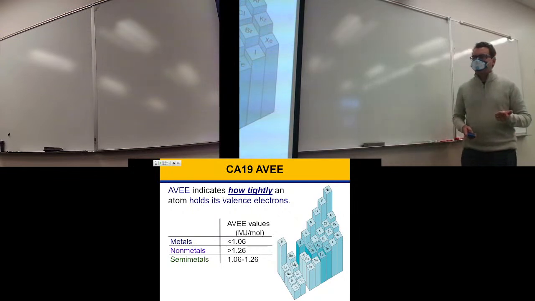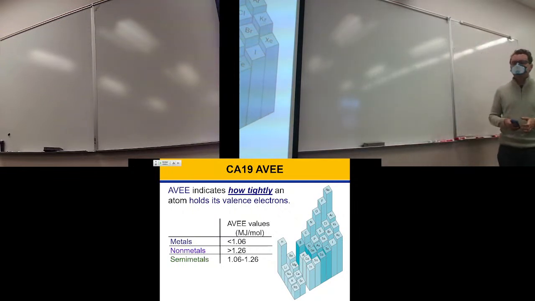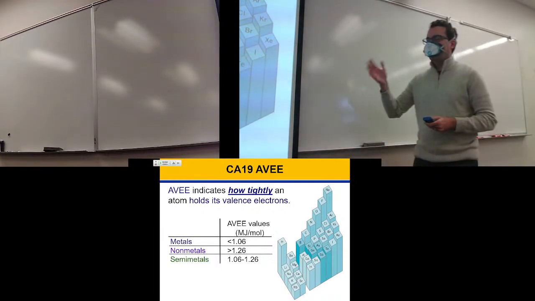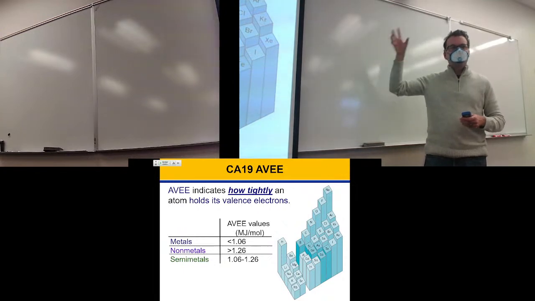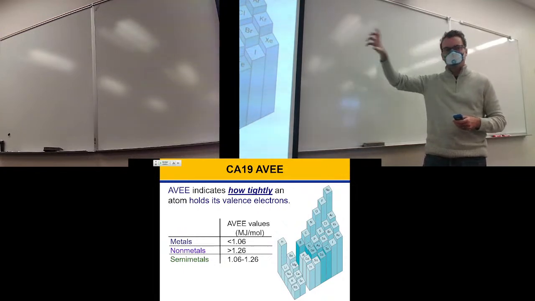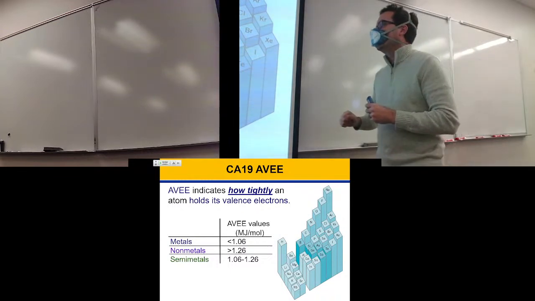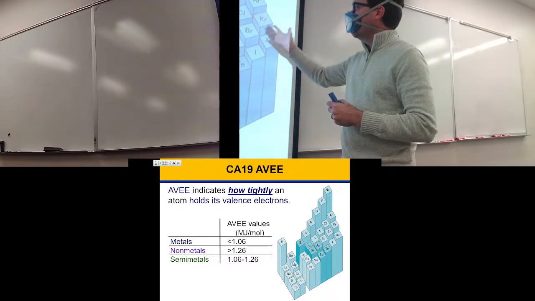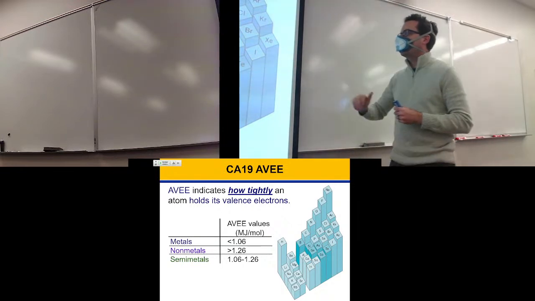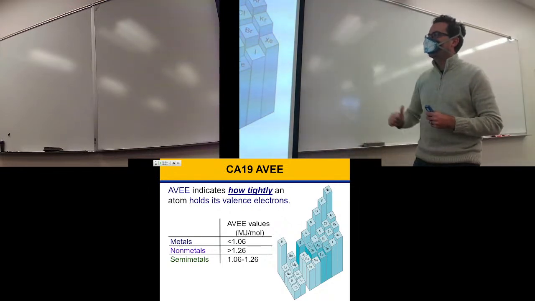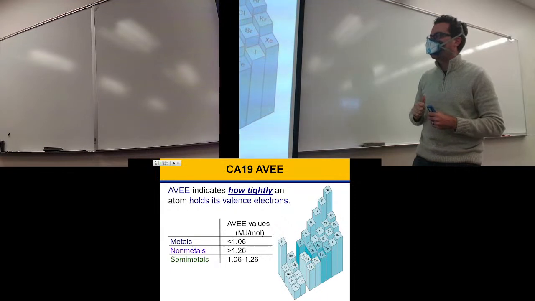We also calculated average valence electron energy. This is just a slightly more complicated ionization energy. But instead of focusing on just the easiest to remove electron, we looked at all of the valence electrons and did an average of them. It has the same trend as ionization energies: as you go left to right, they increase, and as you go top to bottom, they decrease.